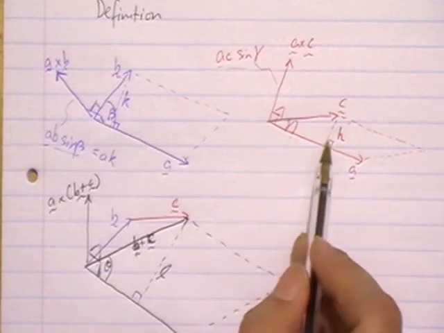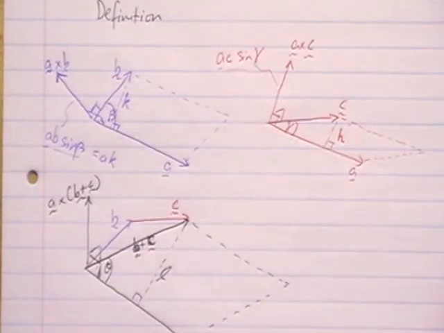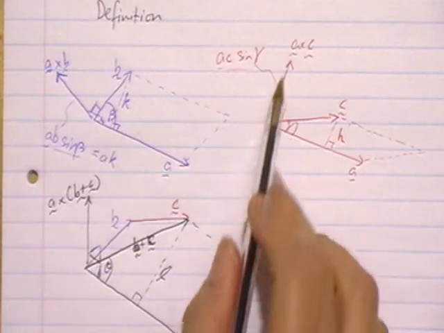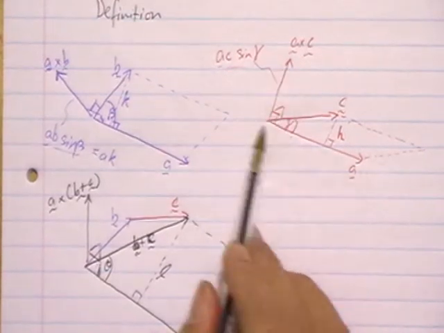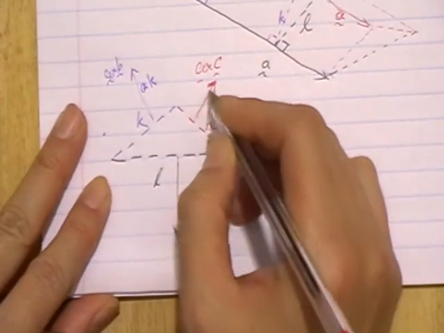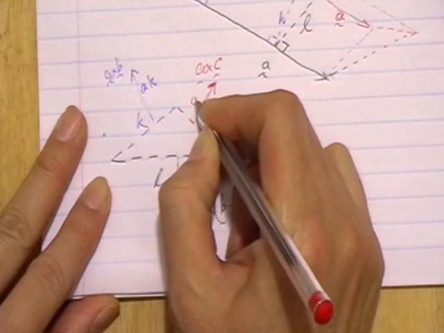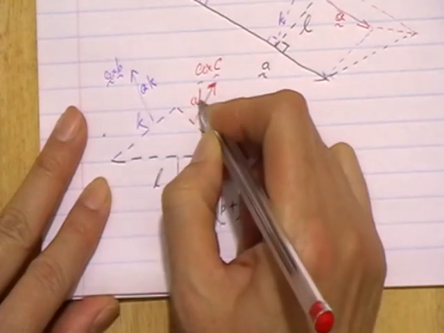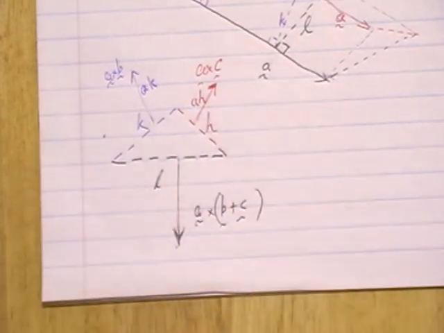So base times height, that makes sense. Alright, so that means that the magnitude of A cross C is A times H. It's just the area of the parallelogram. So this is A times H. That's the length of this.